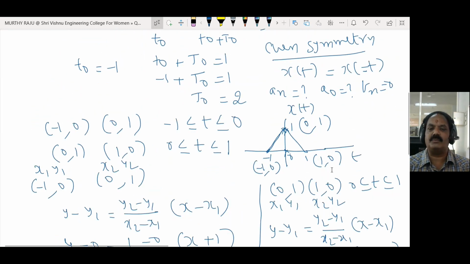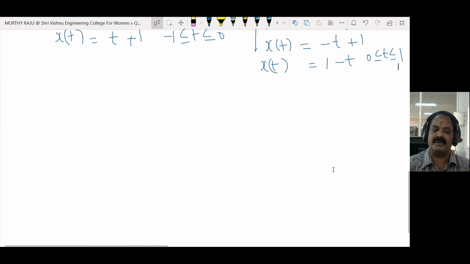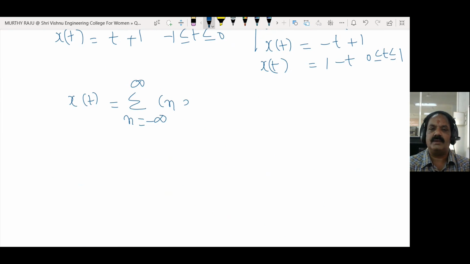Next, to find the complex exponential Fourier series coefficients: x of t is equal to the sum from n equals minus infinity to plus infinity of Cn e power j n omega naught t. From that expression, you have to calculate the Cn value.